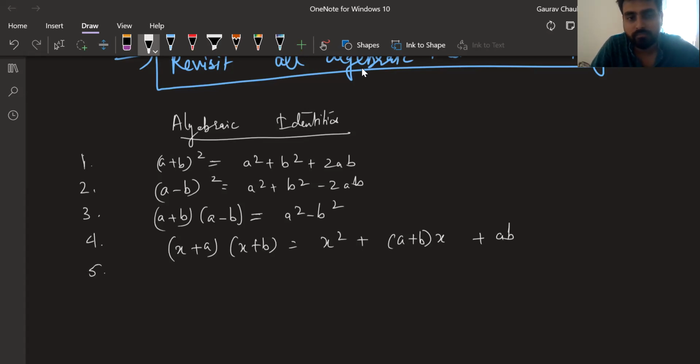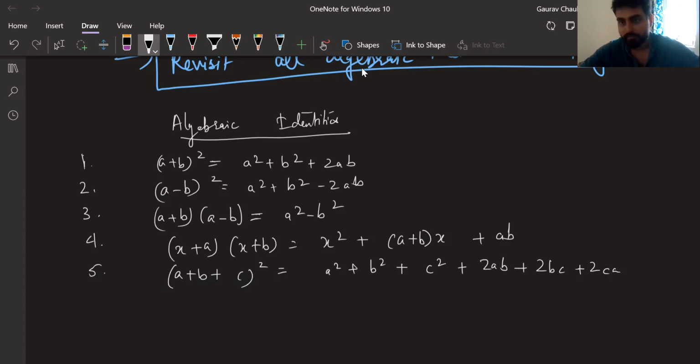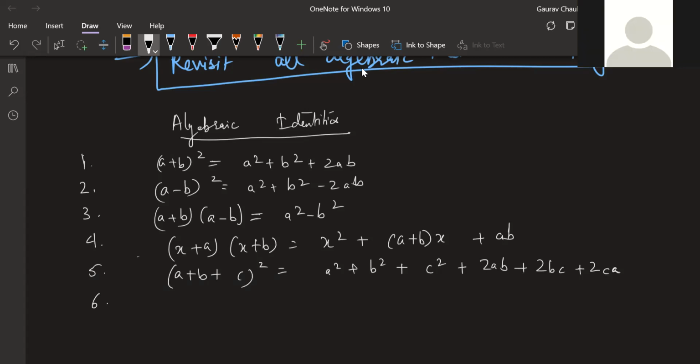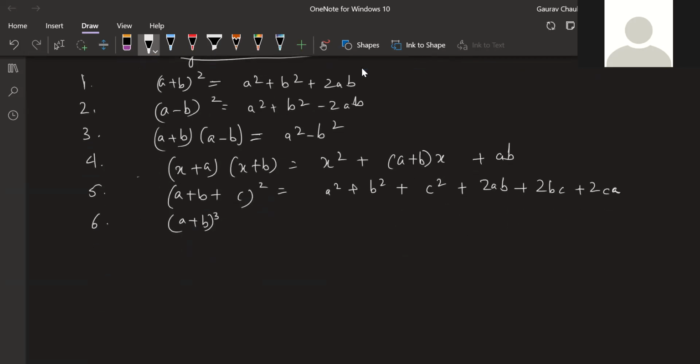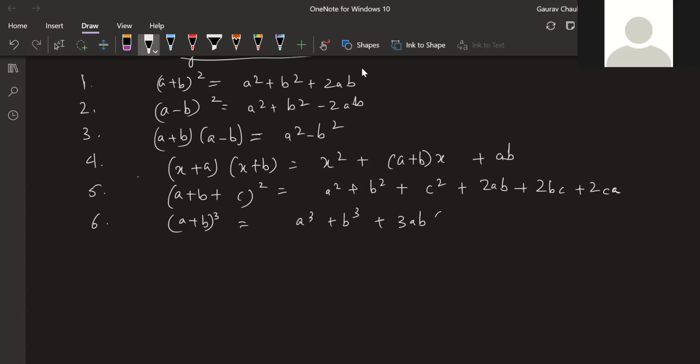Then a plus b plus c whole square, which is equal to a square plus b square plus c square plus 2ab plus 2bc plus 2ca. Then a plus b whole cube, which is a cube plus b cube plus 3ab bracket a plus b.